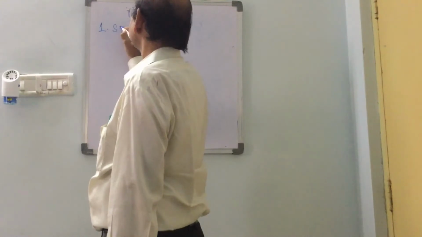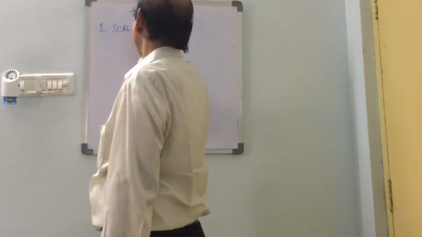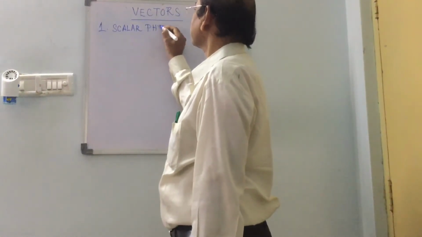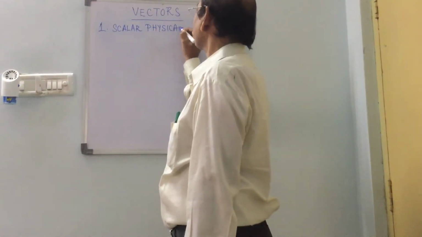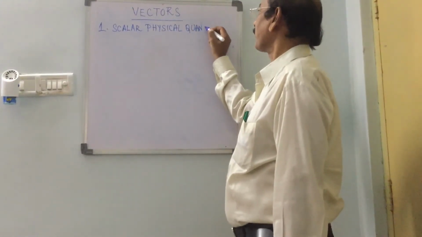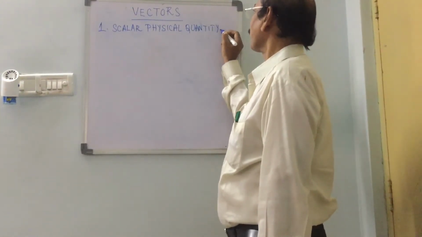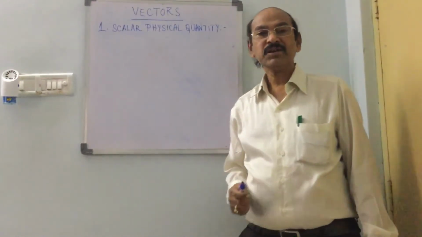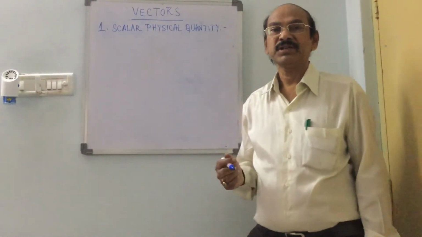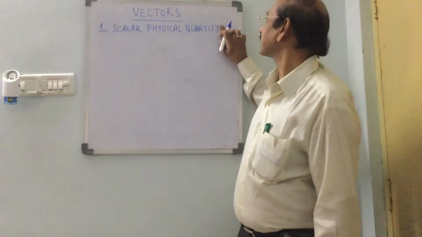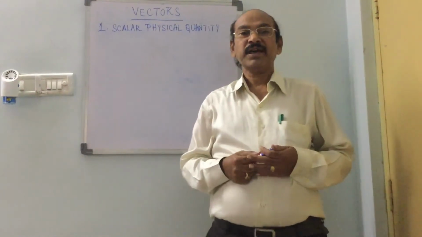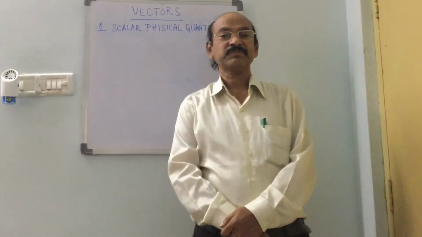The first one is scalar physical quantity. The physical quantity which has only magnitude is known as scalar physical quantity. They do not have a particular direction.